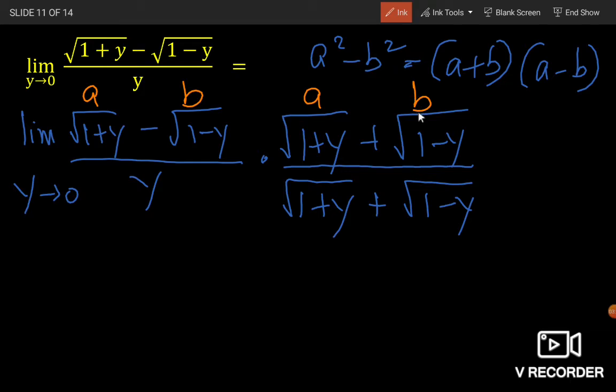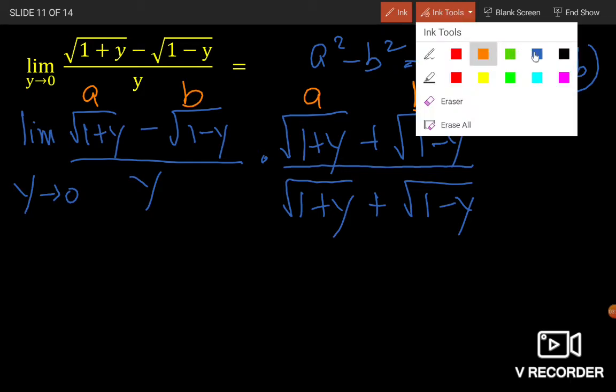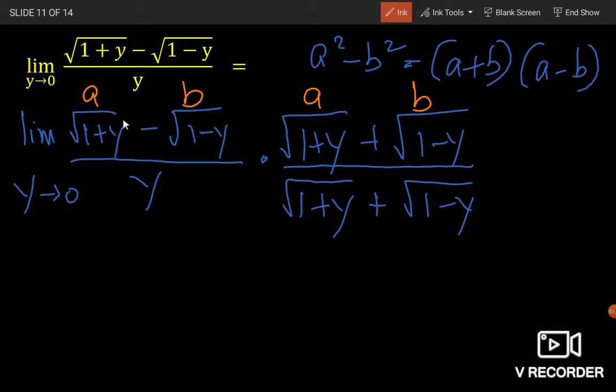So what do you do here? You have a minus b, a plus b. The difference of squares is now a squared minus b squared. So we take the square of this term and the square of this term. We can express this as the limit of, if we take the square of a square root, this will simply be 1 plus y.